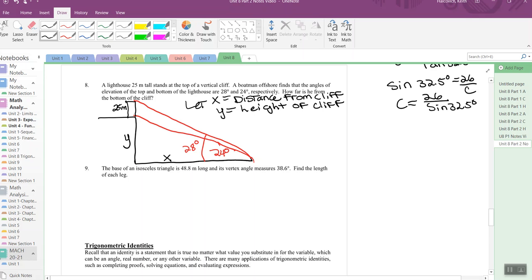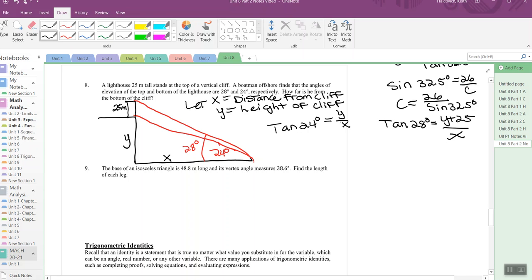Now, when we do this, we have two triangles. We can say tangent 24 degrees is equal to y over x, and tangent 28 degrees is equal to y plus 25 over x, using the small triangle and the big triangle.